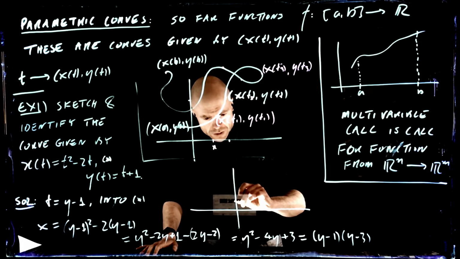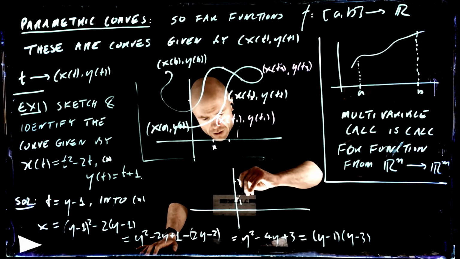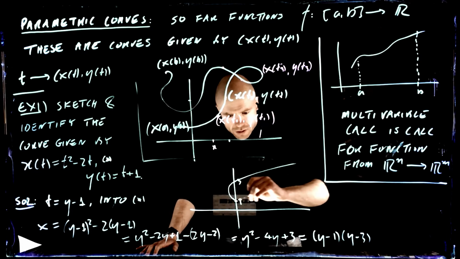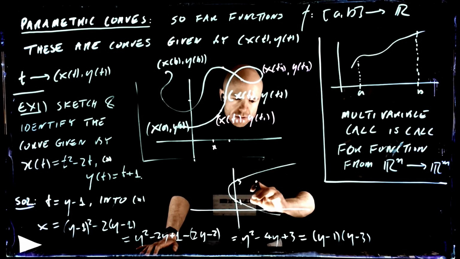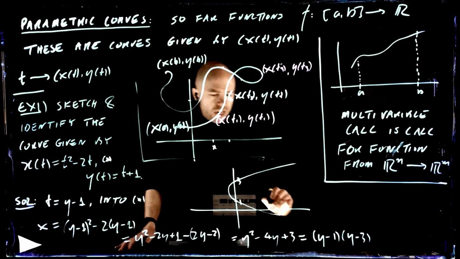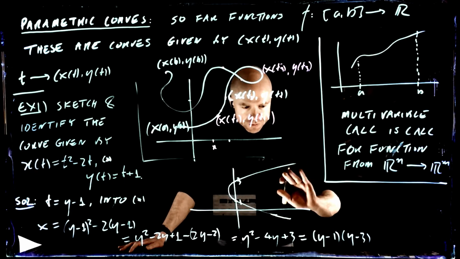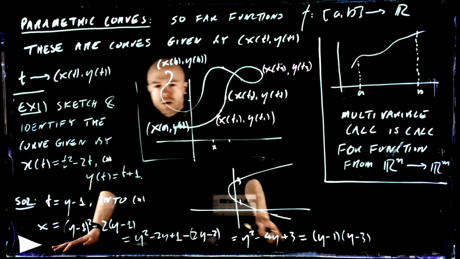So it's going to cross here at 1, and it's going to cross here at 3. It'll be negative like this, and then it'll grow like this. Yeah? So that is kind of like the thing that we were thinking it was when we just tried to visualize it, knowing that the y was increasing in a steady way and the x was going like a quadratic.